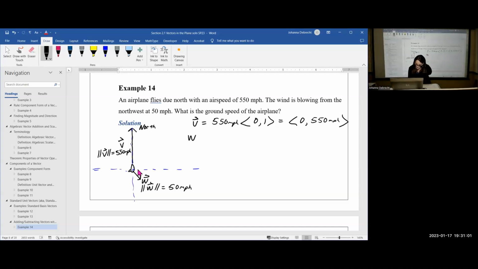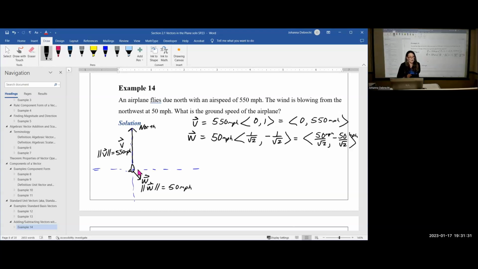So to find my wind vector, I take the magnitude, 50 miles per hour, and I multiply by the unit vector in that direction, which is 1 over the square root of 2, negative 1 over the square root of 2. And this is going to give me 50 over the square root of 2, comma, negative 50 over the square root of 2. And that's miles per hour.